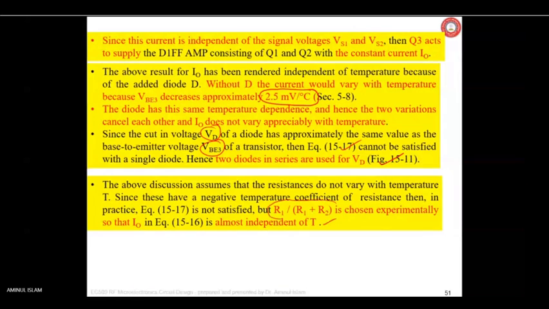So the values of these two resistors R1 and R2 have been decided experimentally. If we take this value, even though there is a change in resistance for a change in temperature, ultimately we are not going to get a varying IO. More or less, IO will remain constant, and that is what is required. Is it understood? Yes, understood. Okay.